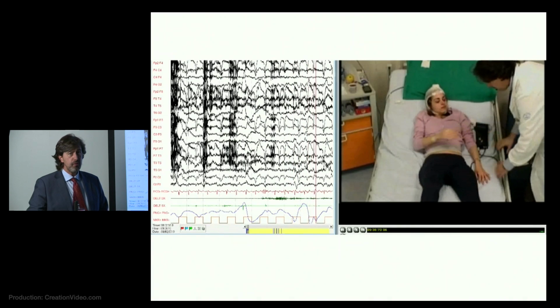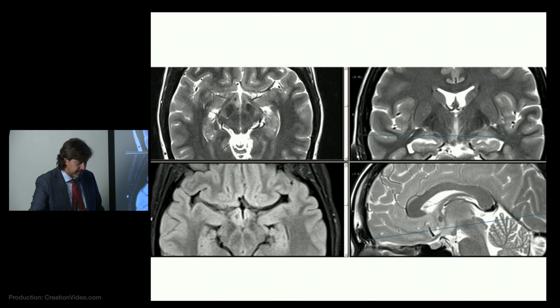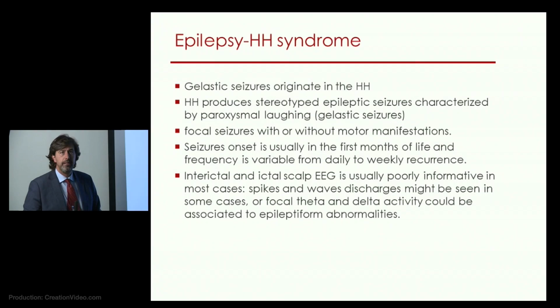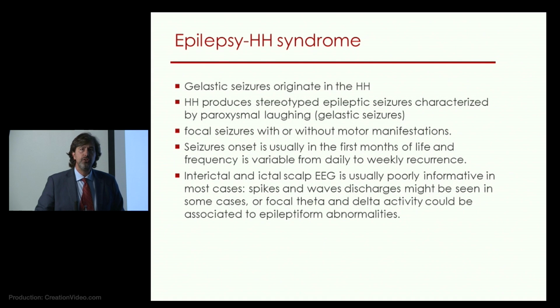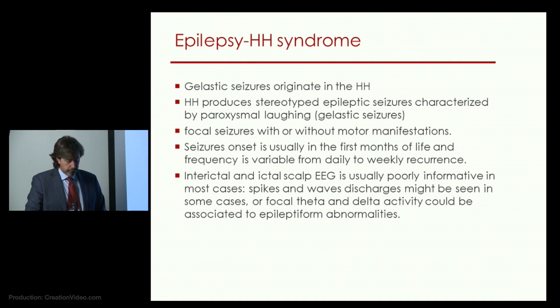Okay. So again, a slight different type of event. Let's conclude this first part. I want to say that the gelastic seizure, which has been discussed a lot today and yesterday, starts in the hypothalamic hamartoma, and hypothalamic hamartoma is going to produce this kind of stereotyped epileptic seizures.